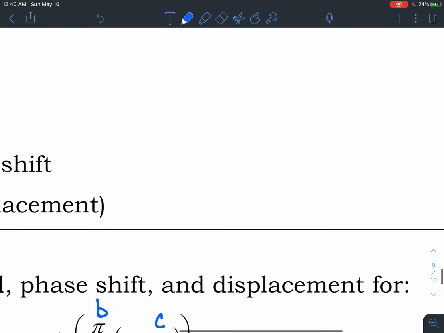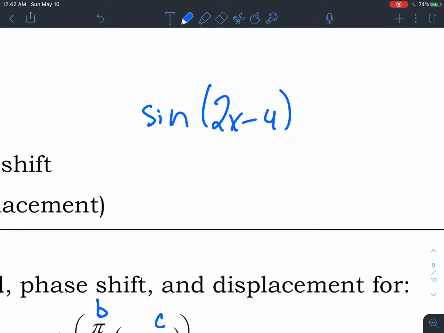I'm going to write it that way. If it's not written that way, if it was something like 2x minus 4 inside my sine, you have to be really careful with those, because that doesn't necessarily mean that 2 is your B value and 4 is your C value, because it has to be written with a parenthesis.